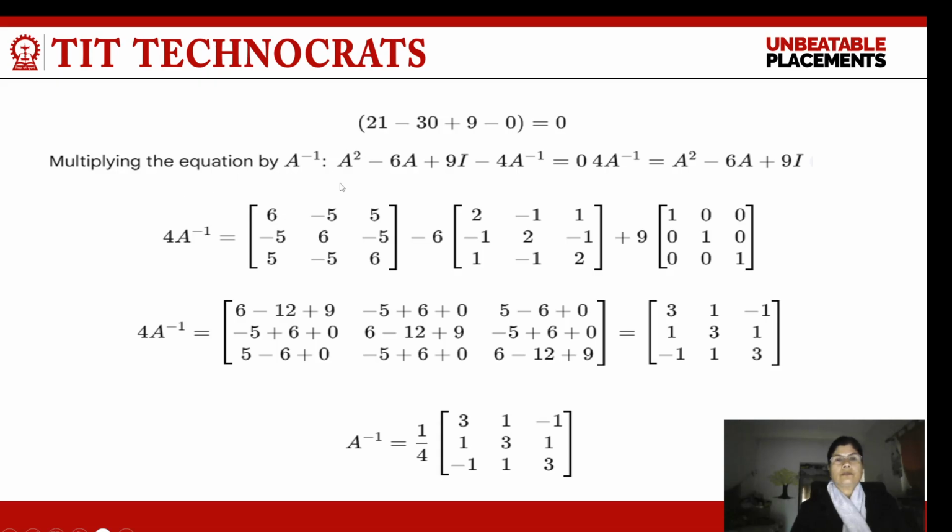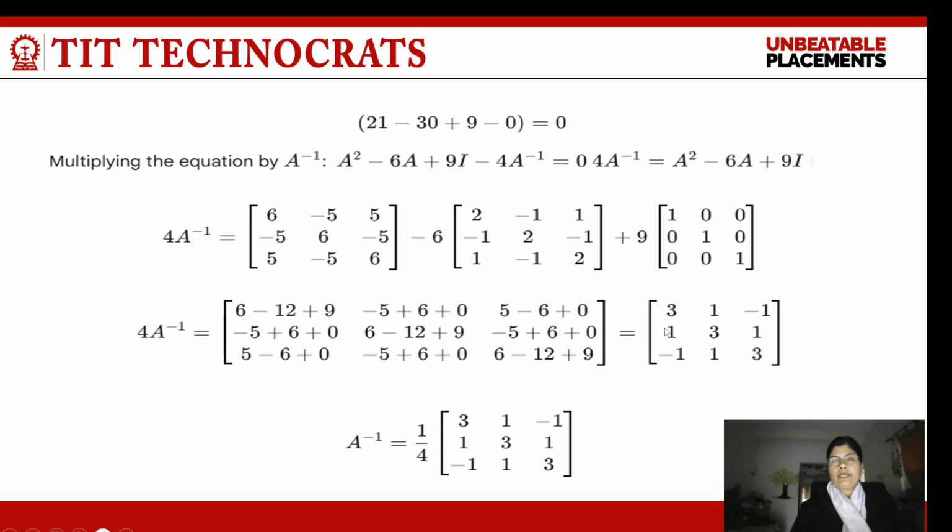Now we find A inverse. So A square minus 6A plus 9I minus 4A inverse is equal to 0, or 4A inverse is equal to A square minus 6A plus 9I. 4A inverse is equal to this is A square minus 6, this is A plus 9, and this is I. So simplifying this matrix, 6 minus 6 12 plus 9, minus 5 plus 6 plus 0, 5 minus 6 plus 0, minus 5 plus 6 plus 0, 6 minus 12 plus 9, minus 5 plus 6 plus 0, 5 minus 6 plus 0, minus 5 plus 6 plus 0, 6 minus 12 plus 9.